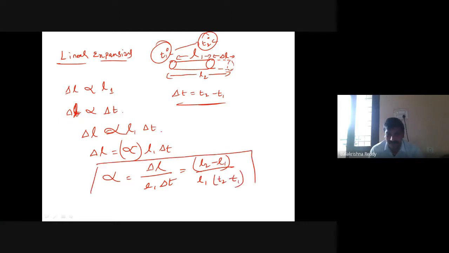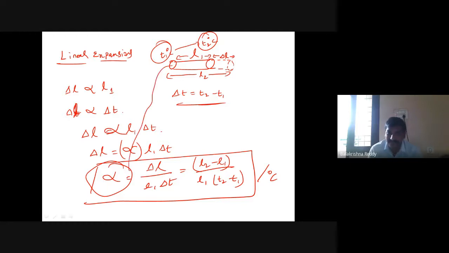Now alpha is the linear coefficient of temperature. What does the coefficient decide? The coefficient decides the nature of the material. It decides, per unit degree centigrade, how much the length is increasing.